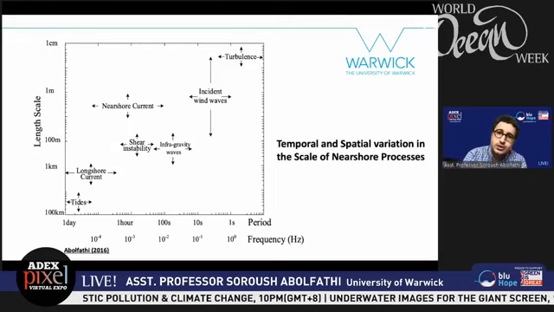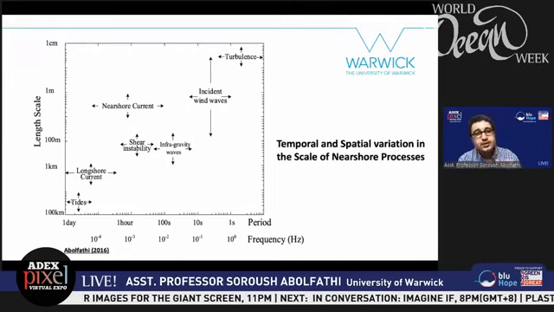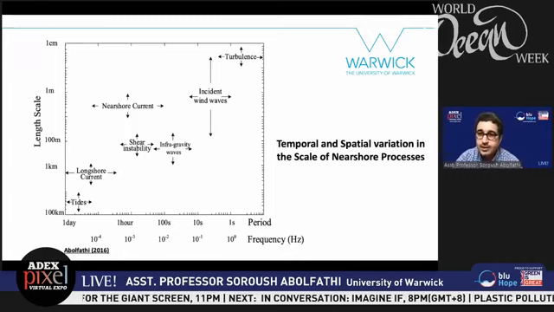Just to add a little bit on the complexity of the problem, if you're looking at this, in my opinion, very pretty, exciting figure, the vertical scale shows the length scale of the processes that impact the pollution, and the horizontal scale shows the temporal scale.